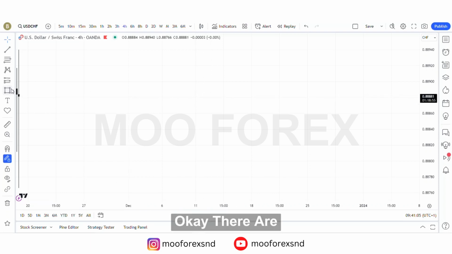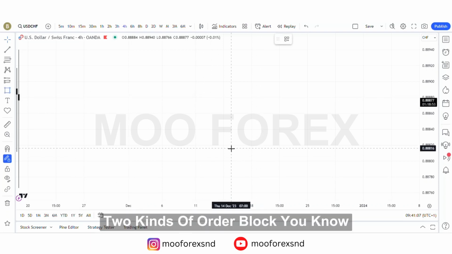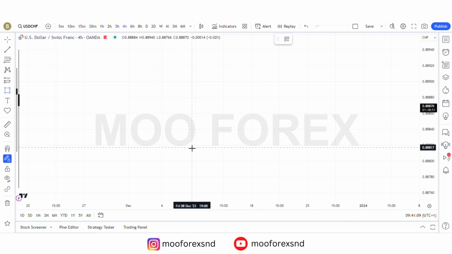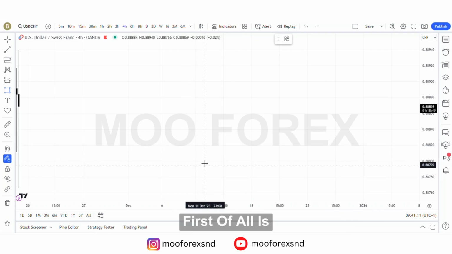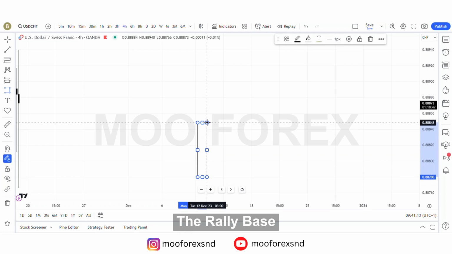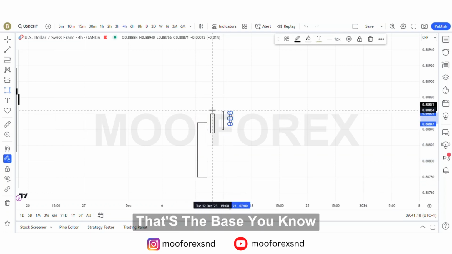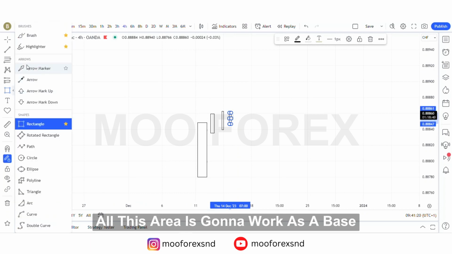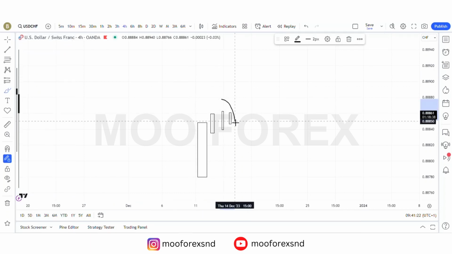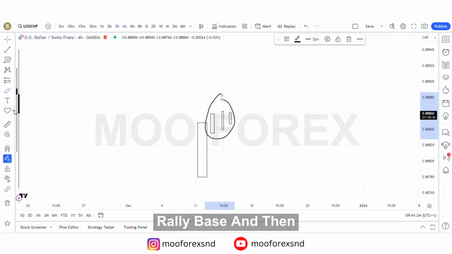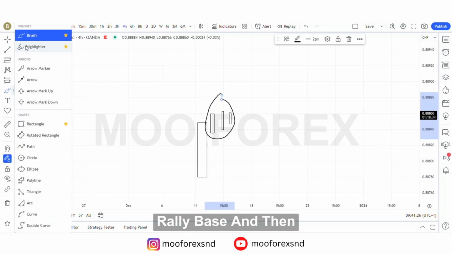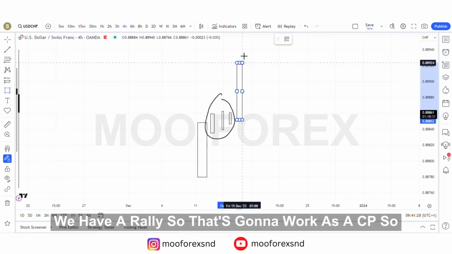Okay, there are two kinds of order block. First of all is the rally base. That's the base, all this area is gonna work as a base, rally base, and then we have a rally.